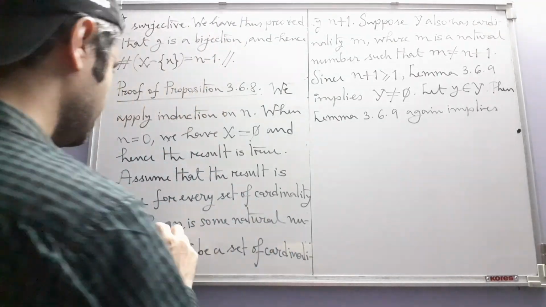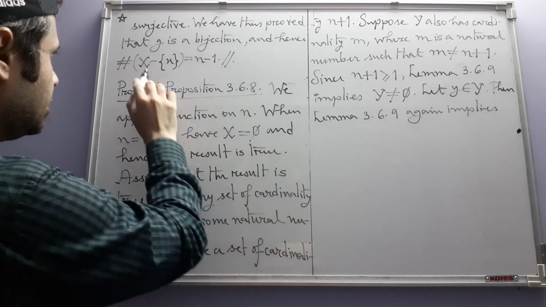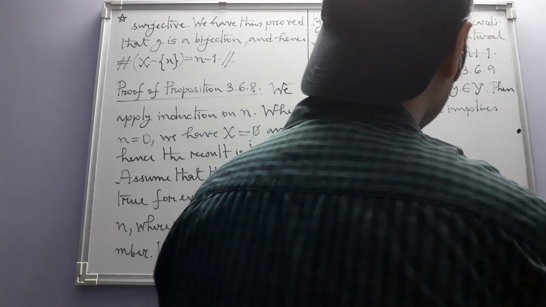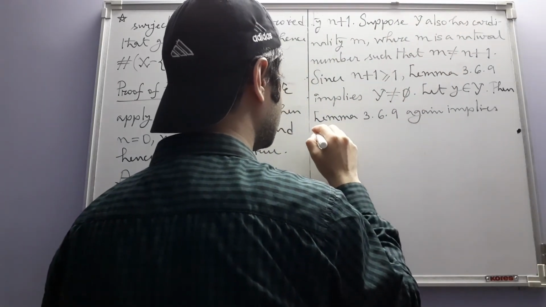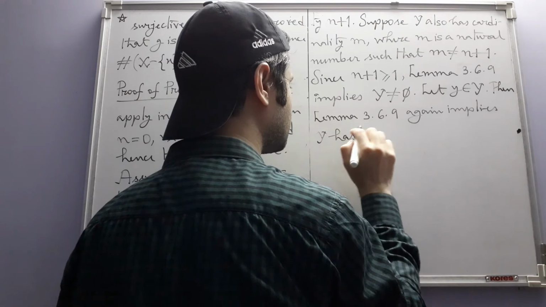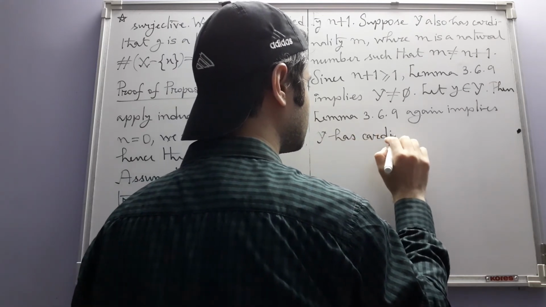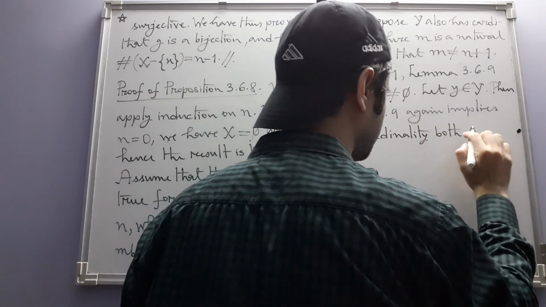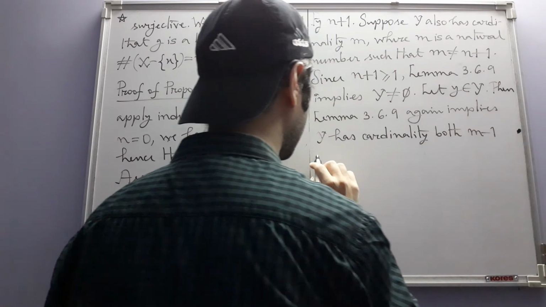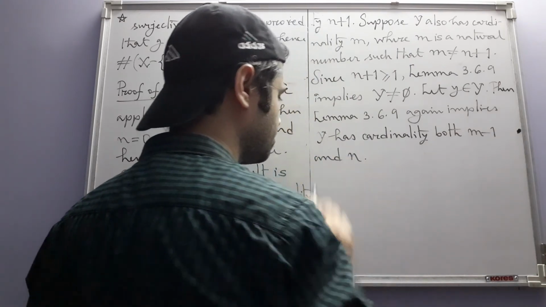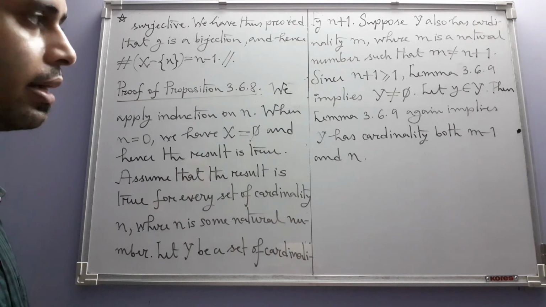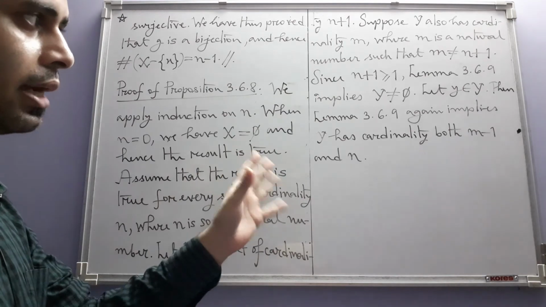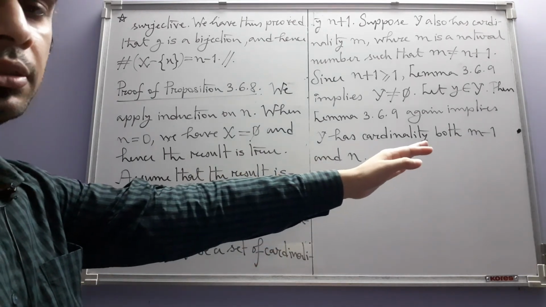Have I done that here somewhere else? No. Here I can write n minus 1 because that's what it is. This again implies Y minus y has cardinality both m minus 1 and n. N we understand, m minus 1 is the unique natural number whose successor is m. That's how we have to interpret this symbol.